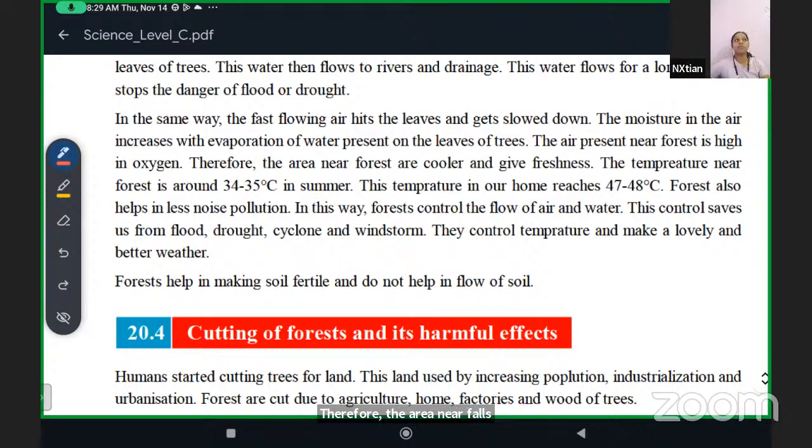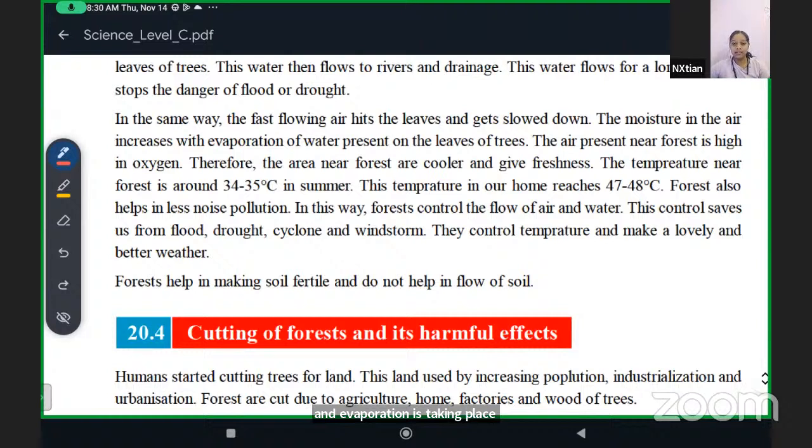You must have seen this or read about this, that forest areas have fresher air. When you are in a forest region, you will feel the freshness in the air when you are breathing. Why does that happen? Because the water is present on the leaves of the trees and evaporation is taking place more, the moisture in the air will increase.